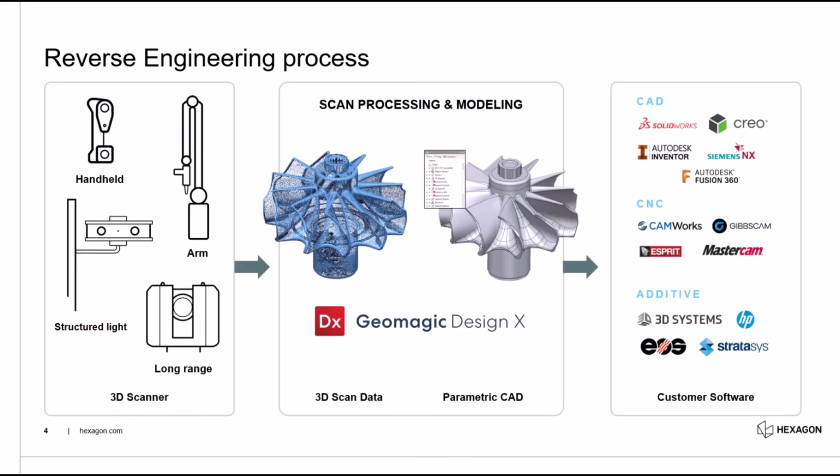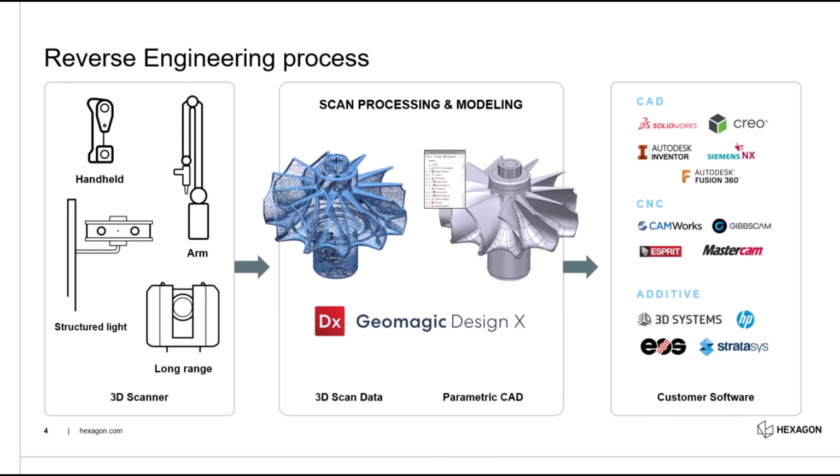The second one down is we can save out models like STEP, IGES, and other neutral native interchange formats to send straight to CNC packages for cutting directly, or additive. Some additive packages will take CAD models or meshes, and we can save out to those as well.